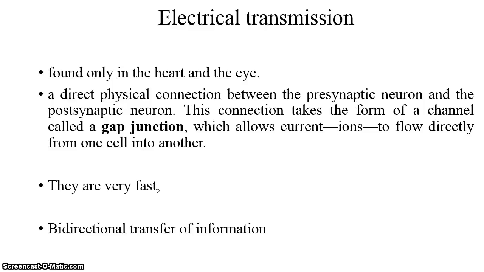Gap junctions are nothing but channels that allow some ions or molecules of limited molecular weight to pass through. So in electrical transmission, the information is transferred through the gap junction.